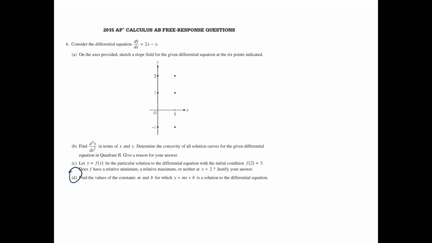All right, so for part D, find the values of the constants m and b for which y equals mx plus b is a solution to the equation. So you have your slope, which is dy over dx equals 2x minus y. And of course, you want your equation to be y equals mx plus b.